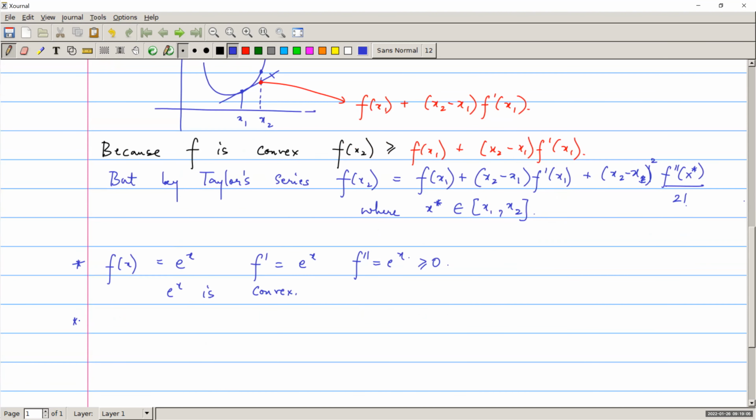If you have log of x, what's the first derivative? Let's say this is log to base e, so that it's easy. If you have the natural log of x, what is the first derivative?